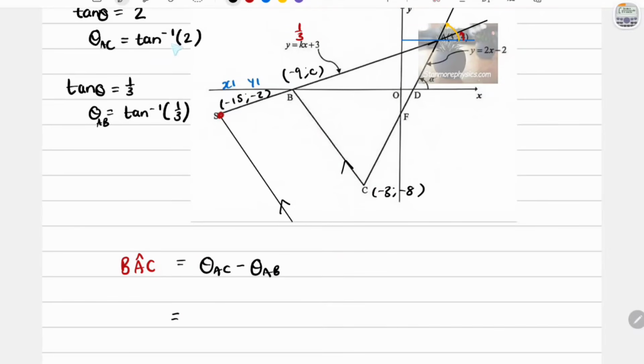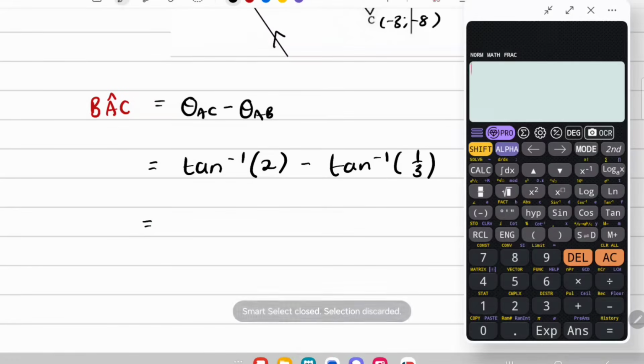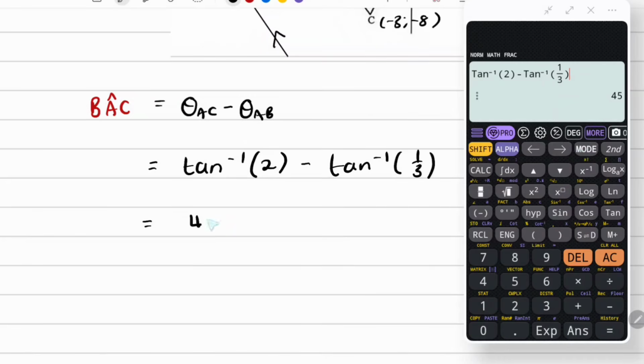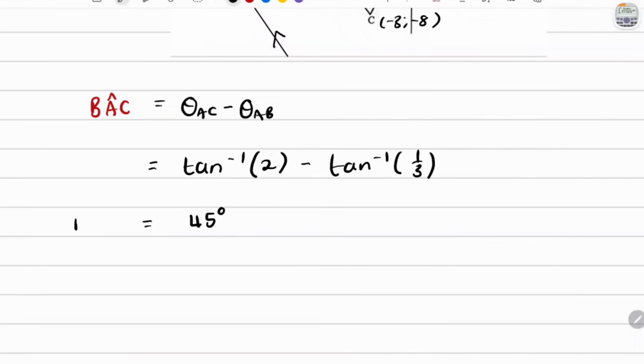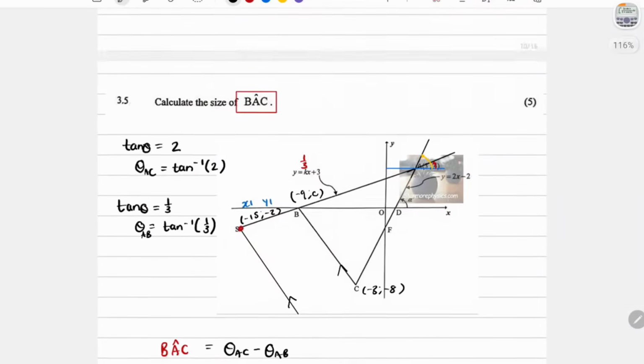So it is shift tan of 2 minus shift tan of a third. We can put this onto the calculator: shift tan of 2 minus shift tan of 1 over 3. That gives us exactly 45 degrees, and that would be the size of BAC. So that is our answer in that question.